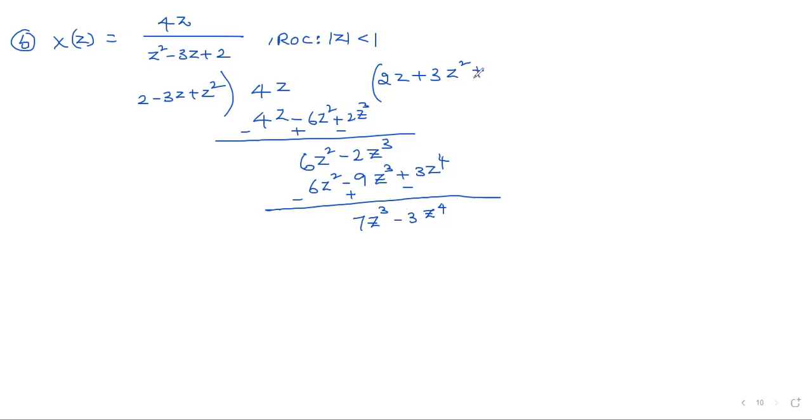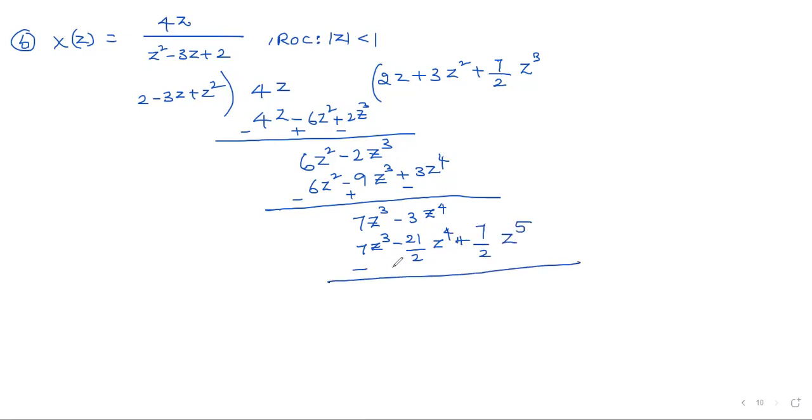Now again, here 7 is there, here 2 is there. What do I need to do? Divide 7 by 2: 7 by 2 z cube. 7 by 2 into 2 becomes 7z cube, minus 3 into 7, 21 by 2 z power 4, plus 7 by 2 z power 5.